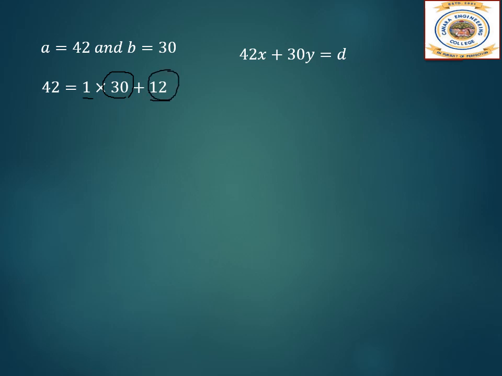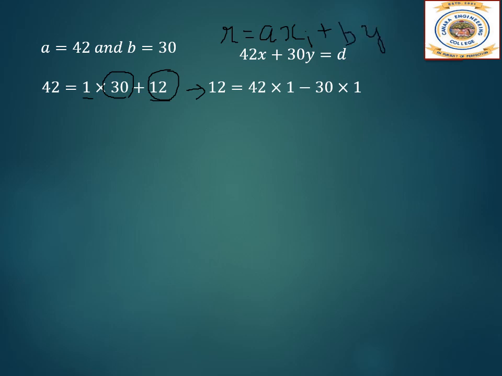But before that, at every stage, I have to write it in this form. We saw it in the previous slide: r is equal to a xi plus b yi.